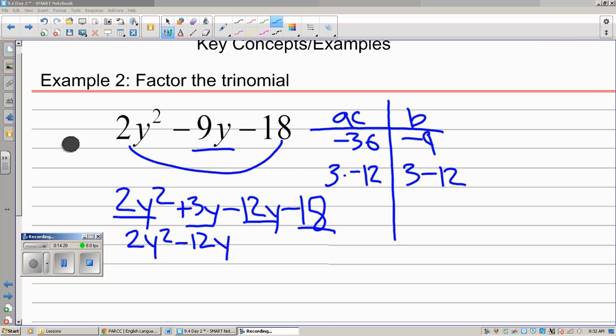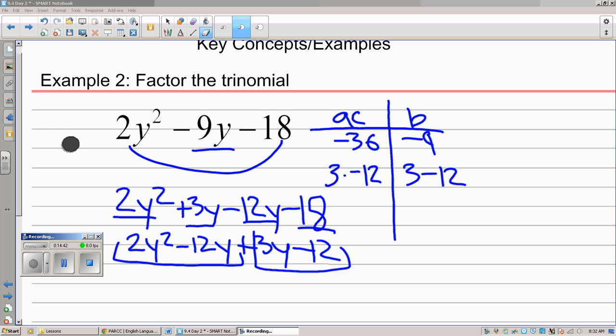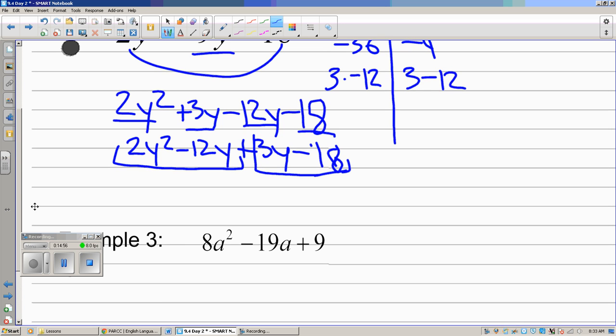And yeah, I like how Jared did that. He could have factored it out the other way also, but it's fine to factor it that way. There's no problem with that. I'm going to give you a little extra room here.